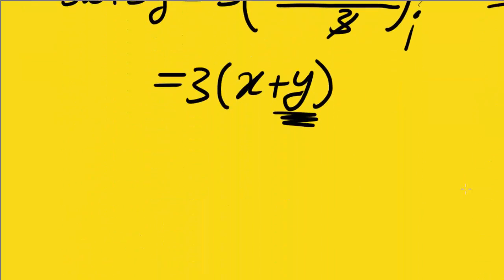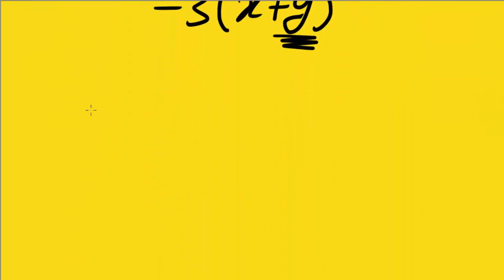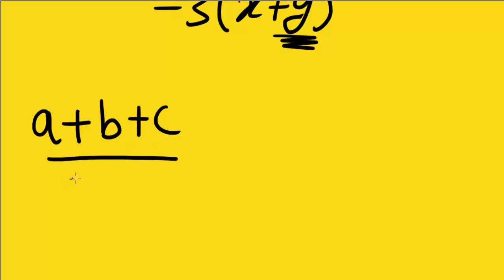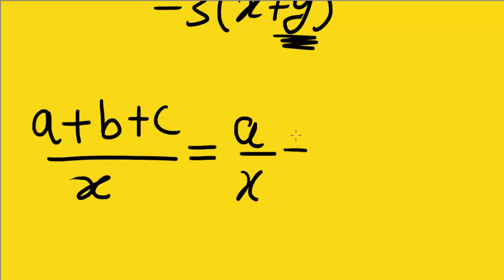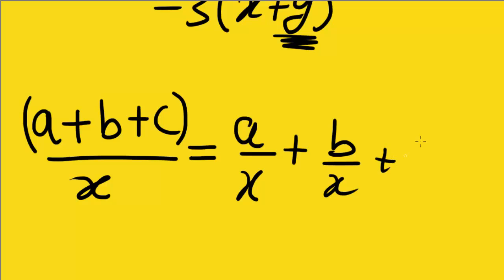But I just want to emphasize the technique for division. If you have a term with however many numerators and just one denominator, you can express it as each numerator divided by the common denominator, and you just keep the signs. So a plus b plus c all divided by x is a over x plus b over x plus c over x.